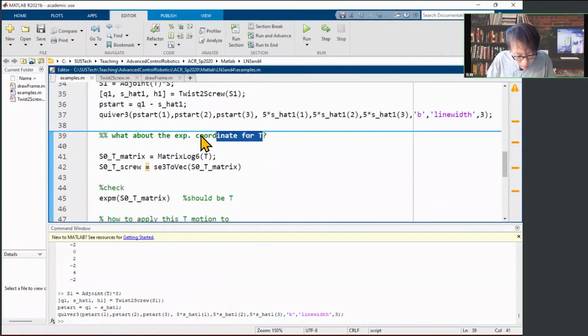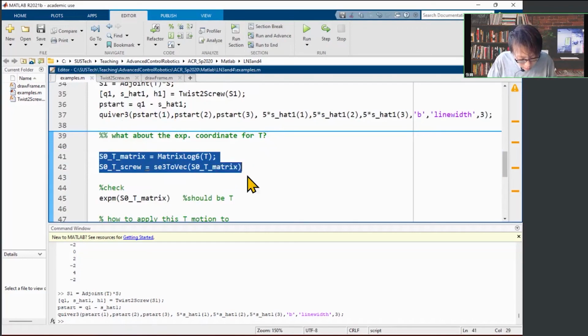What about the screw coordinate of T? That's what I'm trying to clarify, to further clarify a few concepts. We can take the log of T to find the screw axis of T. This is a function written in the Modern Robotics package. It's very easy, by the way. There's a formula there, and you can find the screw axis.